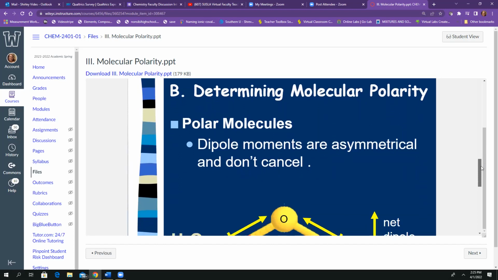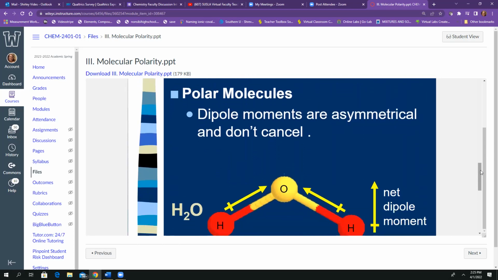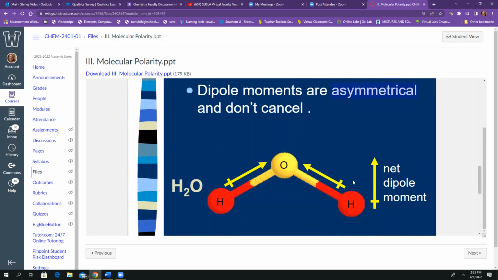Determining molecular polarity. Okay, so once again, if you're a polar molecule, you will be asymmetrical. That's the word that we're looking for. Asymmetrical, and they will not cancel. Look at this water molecule right here. This water molecule has a net dipole moment because the two hydrogens are attracted to the oxygen, and there is not a third thing that could cancel it.